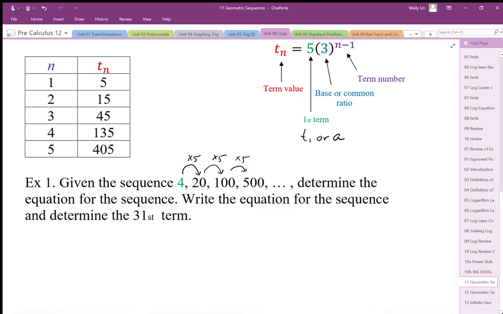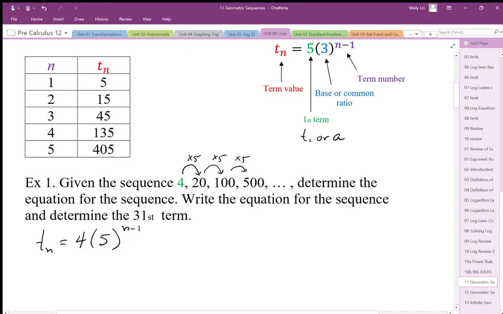I want to use my growth formula here, so we can calculate this growth. So this is our Tn. We're starting with 4. Our growth factor, our common ratio, is 5. Okay, and it's going to be n minus 1. Okay, so one way to find the growth factor, if we want to find this multiplier, is we divide these numbers.